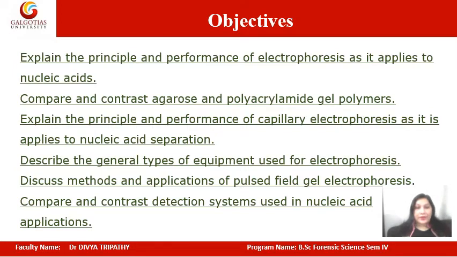You will be able to explain the principle and performance of capillary electrophoresis as it is applied to nucleic acid separation as well. You will be able to describe the general types of equipment used for electrophoresis, and at last you will be able to discuss the method application of pulsed field gel electrophoresis and compare and contrast detection systems used in nucleic acid separation applications.